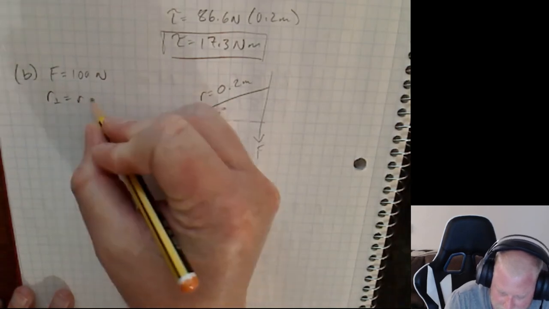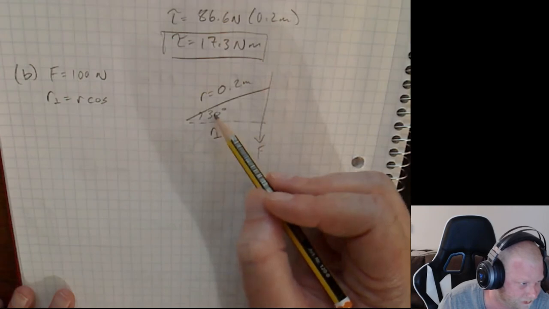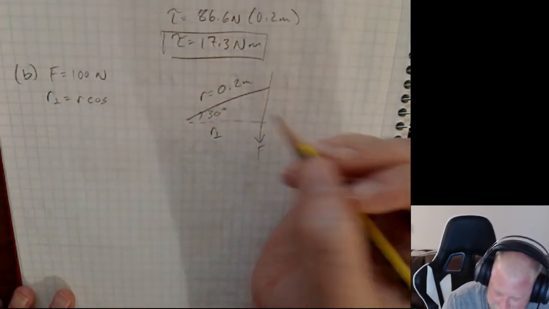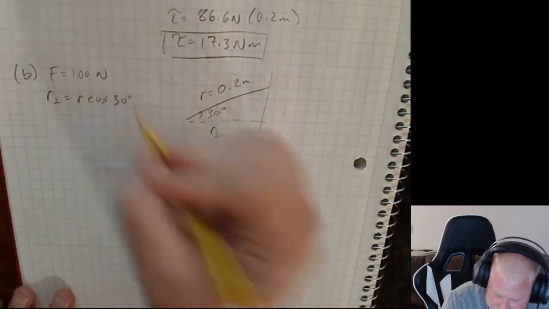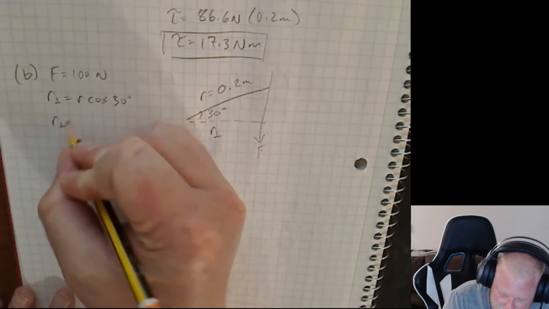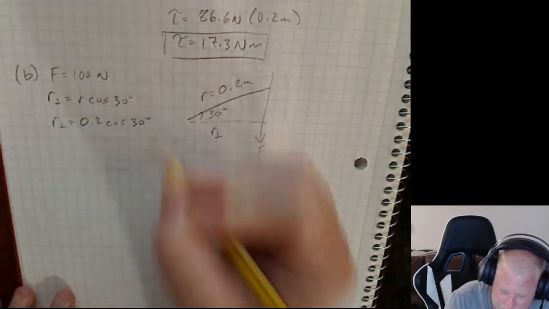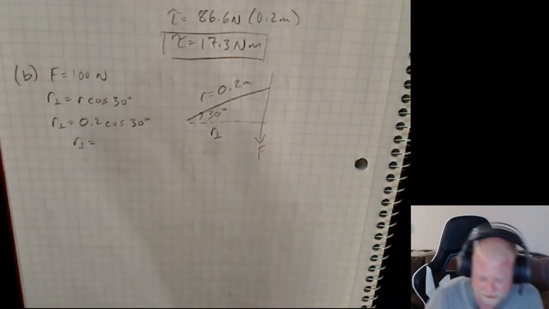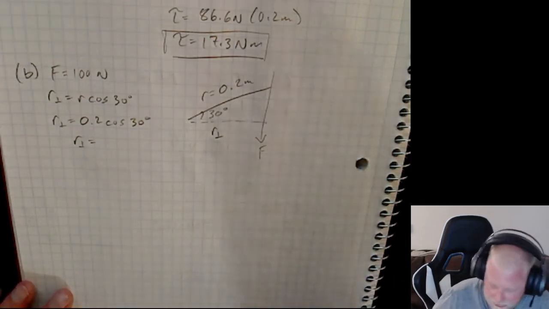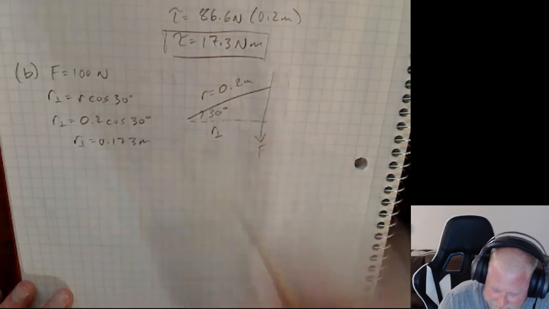Our moment arm can be found by taking the hypotenuse of this triangle, the 0.2 meters, and multiplying it by the cosine of 30 degrees. So our moment arm is 0.2 times the cosine of 30, which comes out to 0.173 meters.